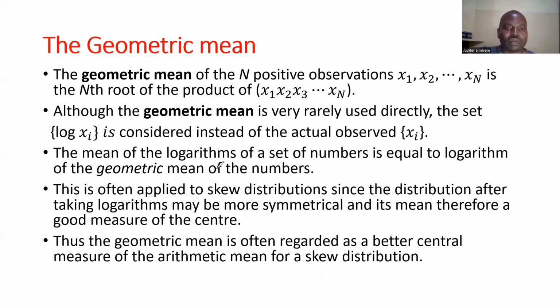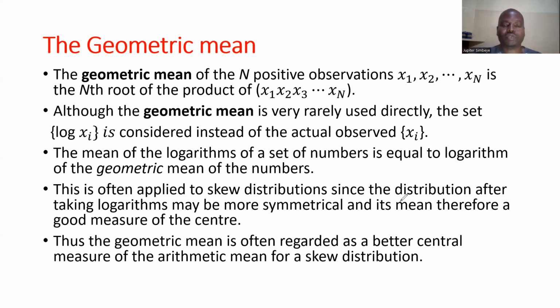The mean of the logarithms of a set of numbers is equal to the logarithm of the geometric mean of the numbers. This is often applied to skew distributions, since the distribution after taking logarithms may be more symmetrical, and its mean, therefore, a good measure of the center.